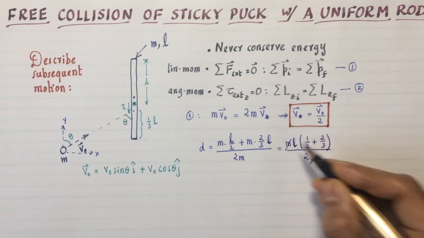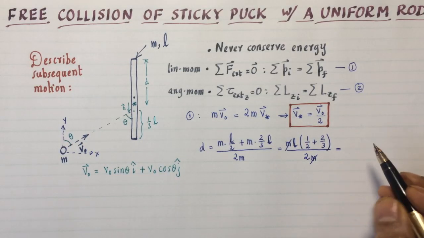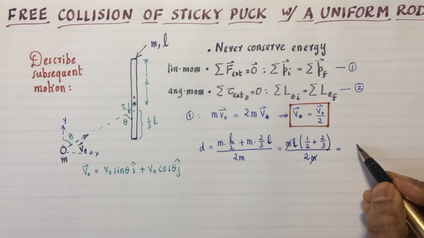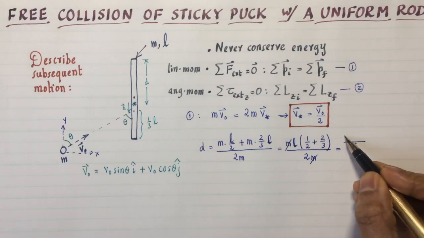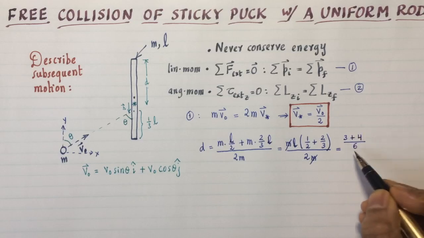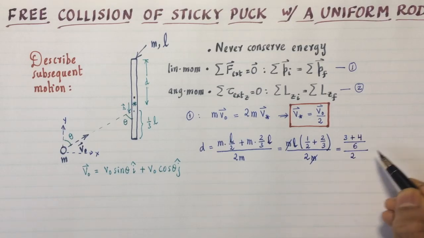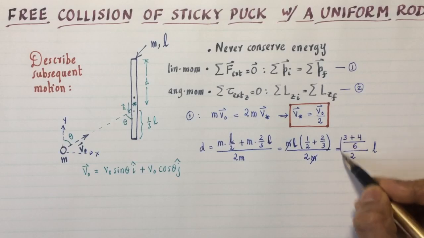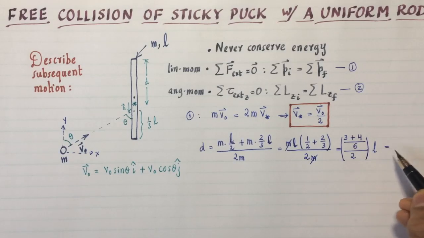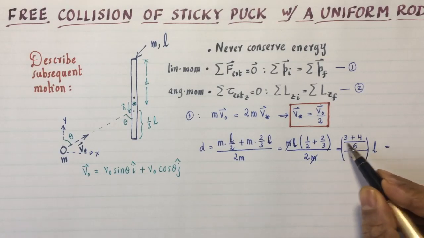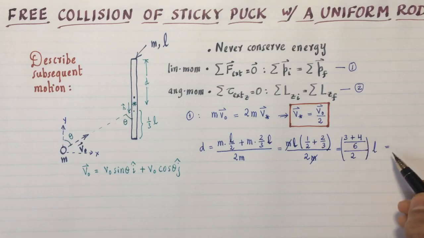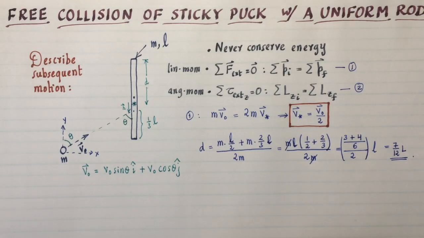So the m's cancel out. 6 is a common denominator here in the numerator, so I'm going to write this as 6, and this is going to be 3 plus 4 divided by 2 times script L, and that's equal to 7/12 L. That's a neat little result right there.